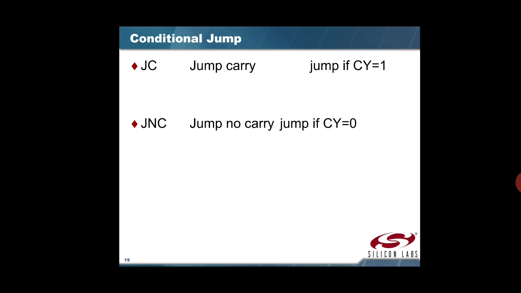The next instructions are JC, jump on carry, and JNC, jump on no carry. It will go to the specific location if the carry flag is set, and if carry is equal to 0, that is jump on no carry.